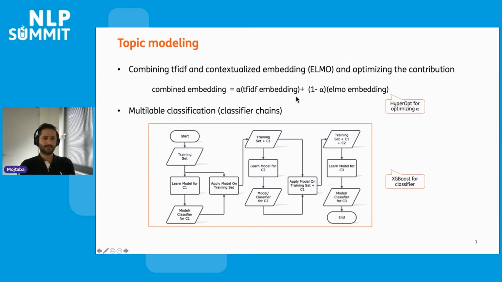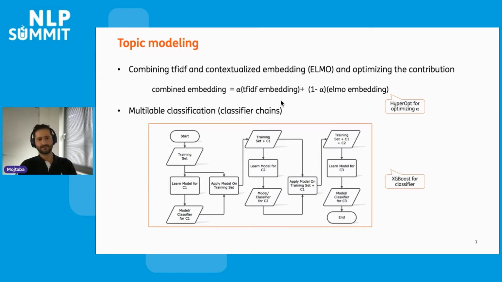Then for multi-label classification, how it works out is basically you convert it to several single binary classifications. And we use a classifier chain.